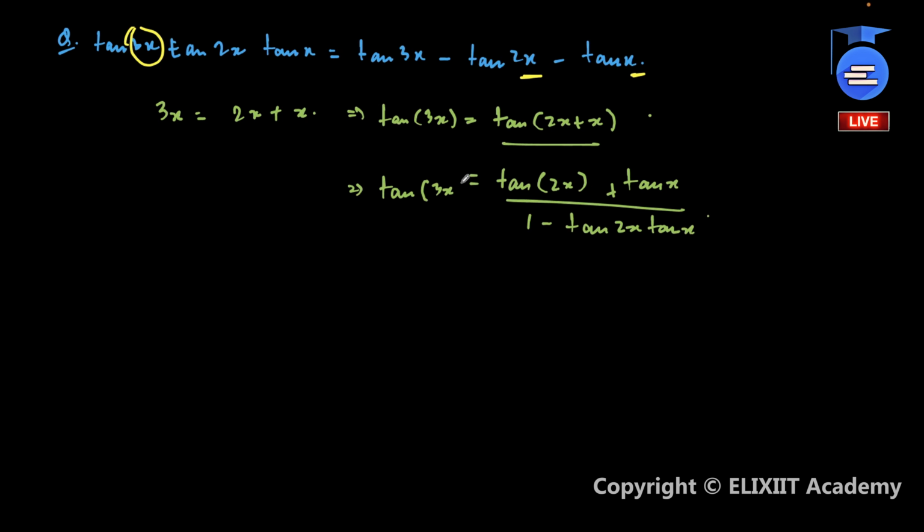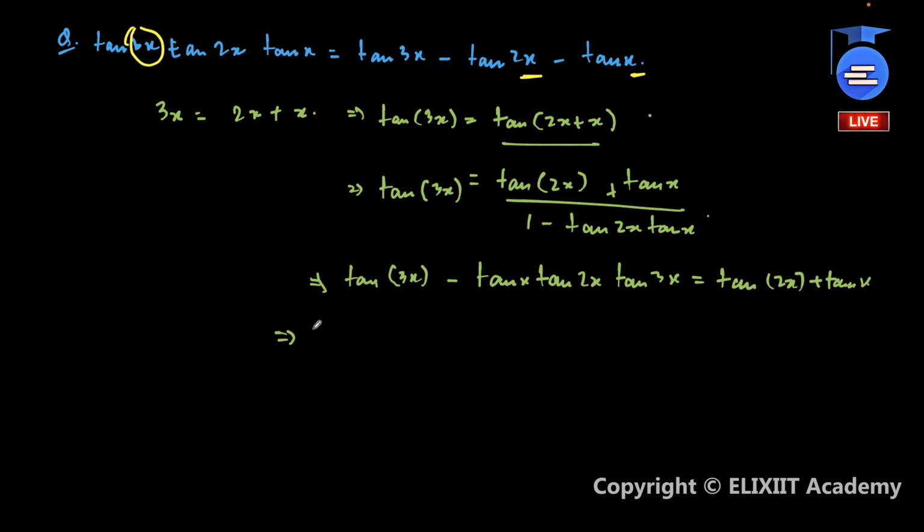Now you just simply cross multiply. So this is tan 3x minus tan x into tan 2x into tan 3x is equal to tan 2x plus tan x.